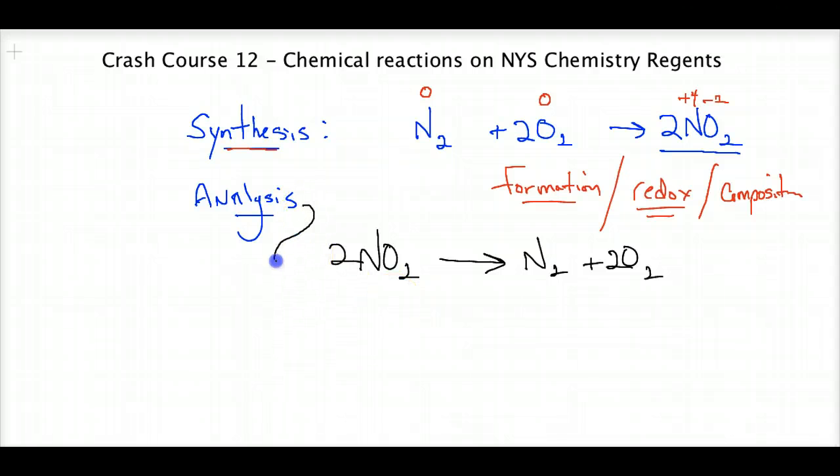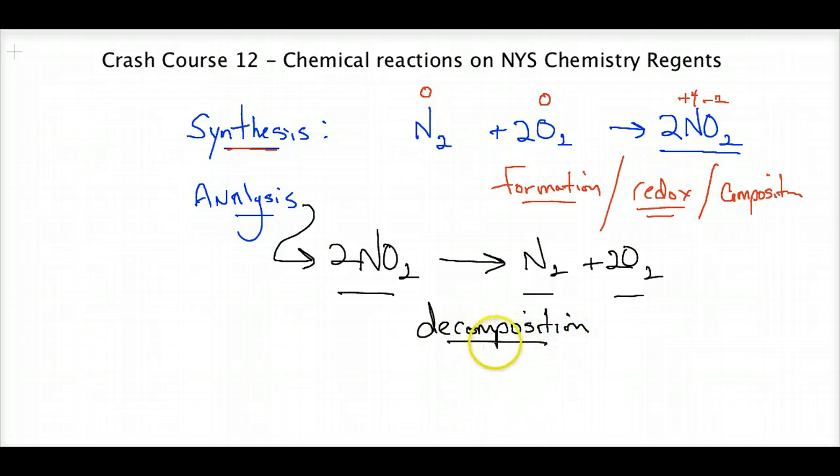This is analysis, meaning we're taking something and breaking it down to see what it is made from, to analyze it. Now, you can also call this decomposition. So the opposite of these reactions is decomposition.